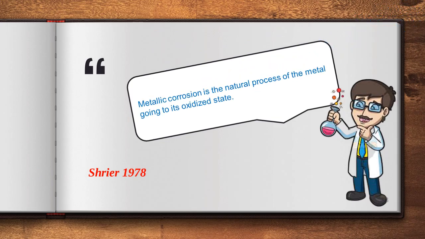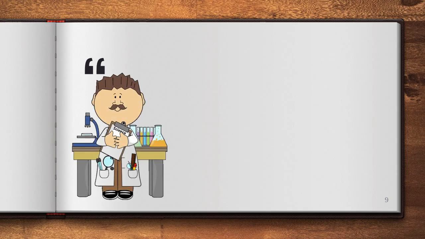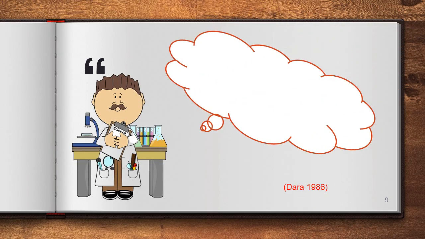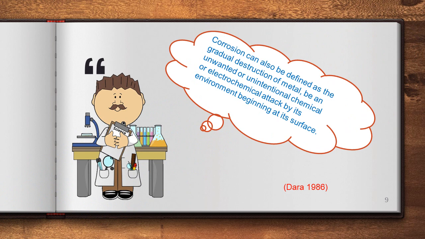According to Schreier, metallic corrosion is a natural process of the metal going to its oxidized state. Dara defines corrosion as gradual destruction of metal, by an unwanted or unintentional chemical or electrochemical attack by its environment, beginning at its surface.